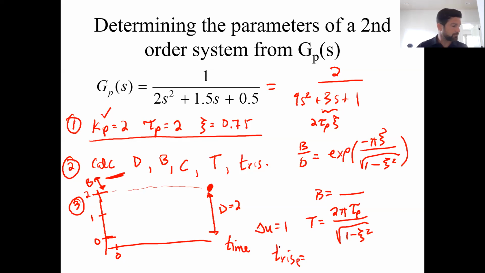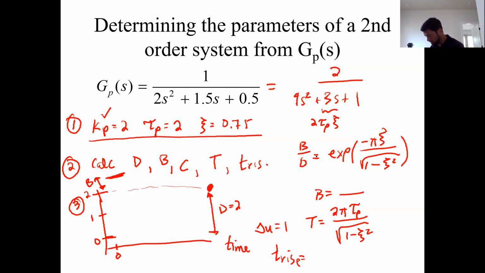So the rise time. Again, we just go through this process. Actually, I need to pull my textbook to get the rise time, but I want to give you this equation in case you don't have the notes in front of you.